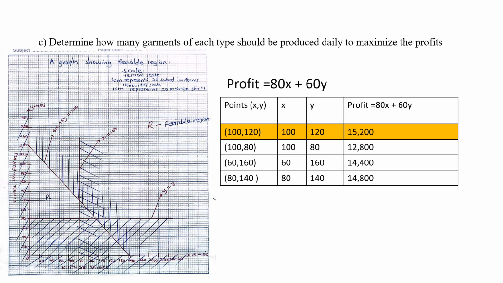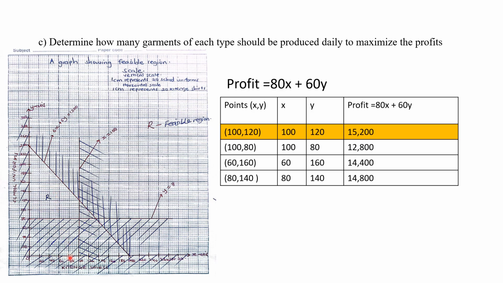So read those values from the feasible region. Here you can see that I have 180, you can see it here. Also I have 100 and 120, also I have it there. And then I have also other points like 60 and then 160. It's around there.